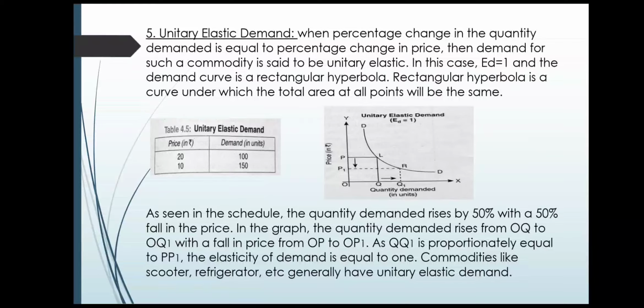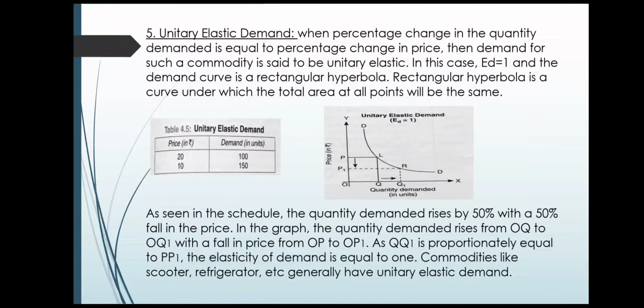Or if there would have been any other point in between or on this particular demand curve, then the area of that point as well would have been the same. So as seen in the schedule, the quantity demanded rises by 50% with a 50% fall in the price.